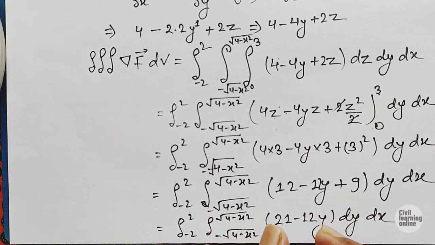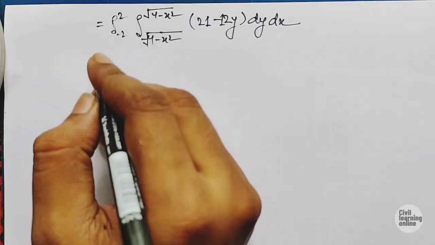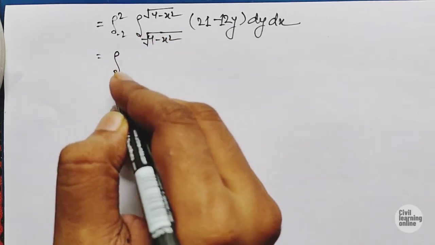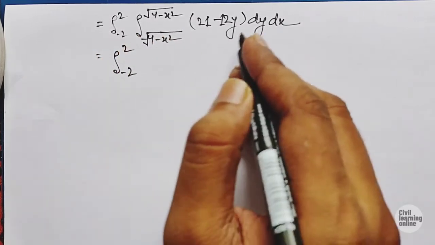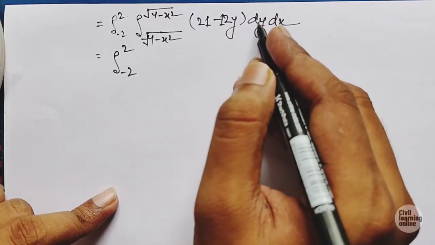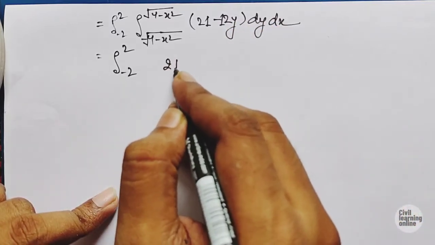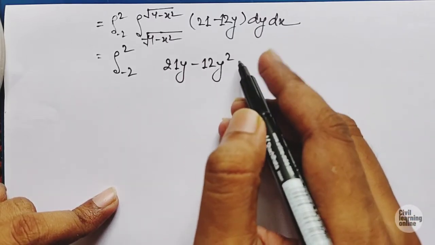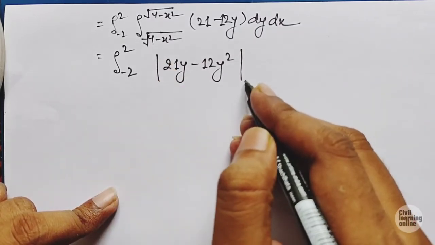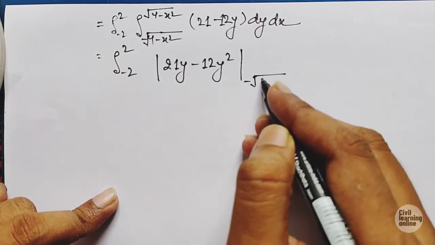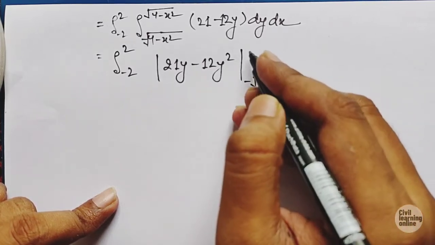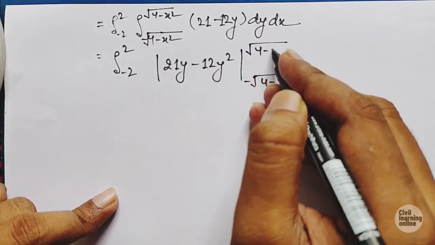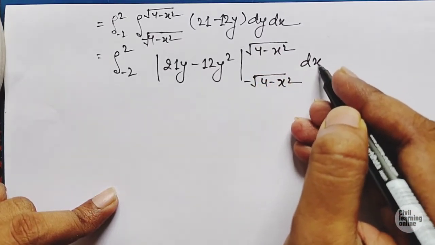Now we will integrate this with respect to y, and we will put the limit of y in the next step. Integrating with respect to y, we have 21y minus 12y square upon 2, so 6y square, with the limits minus root under 4 minus x square to root under 4 minus x square, dx.